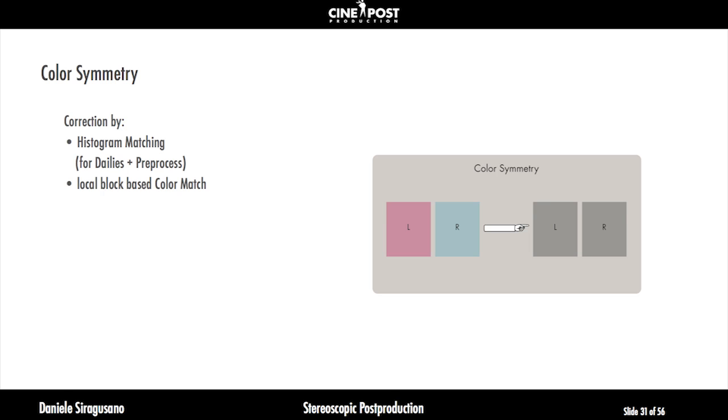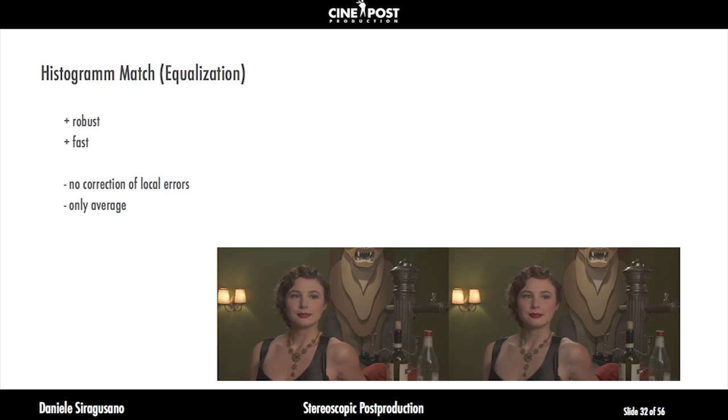But then later in post-production, we do way more. We do a local block-based color match. So I'll show you this now. A histogram match or histogram equalization is pretty simple to implement. It's robust, it's fast, but it does not correct for local errors, and it's only an average. You see here, they are kind of in the same colors, but if you look at the lips and at the shoulder and all the rest, you see that the local problems are still there.